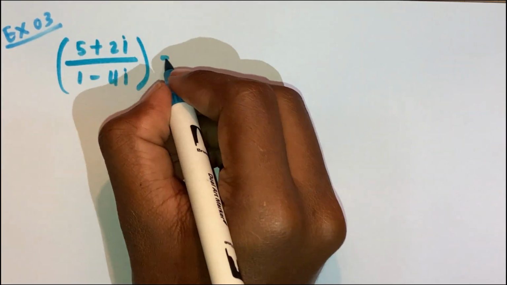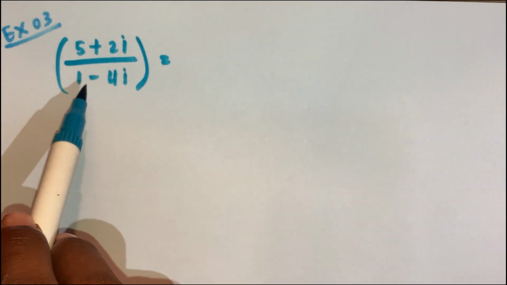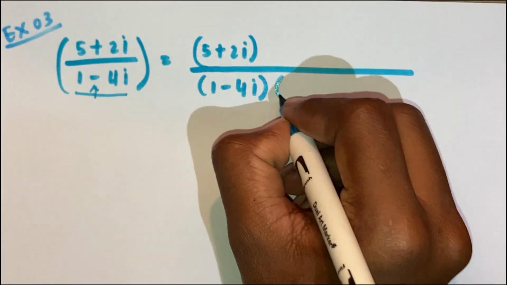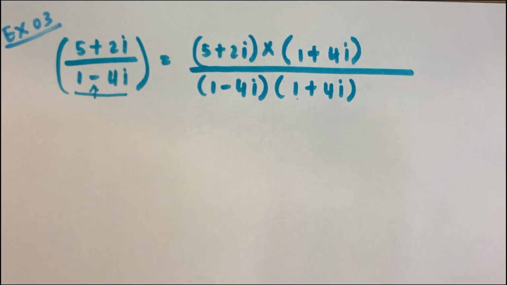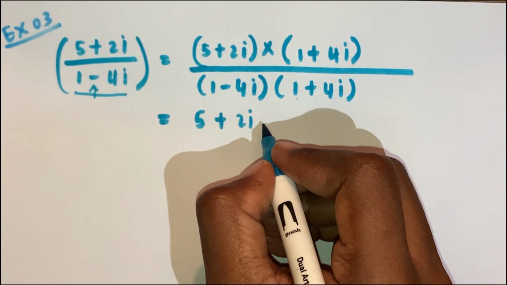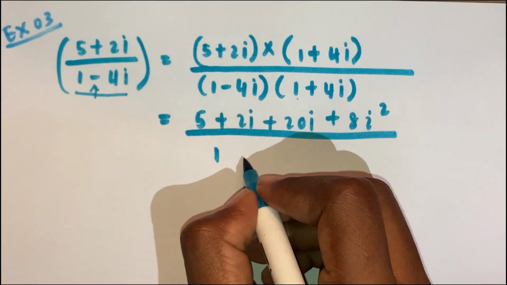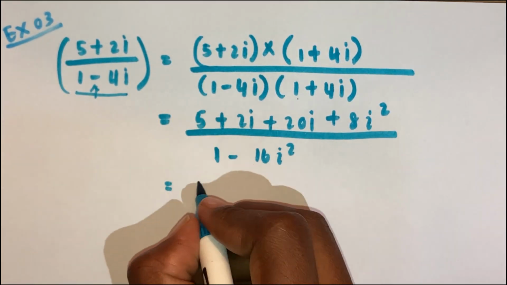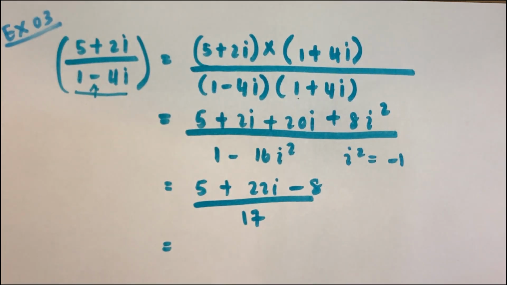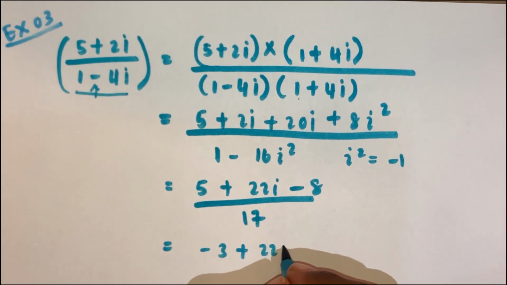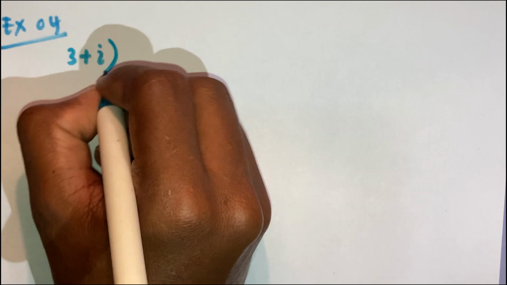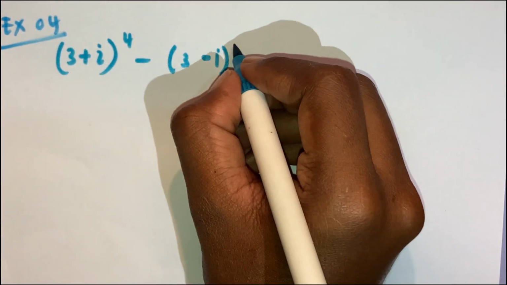Example 3. 5 plus 2i divided by 1 minus 4i. In here multiply by the conjugate of the denominator. This is the answer. Example 4. 3 plus i to the power 4 minus 3 minus i to the power 4.